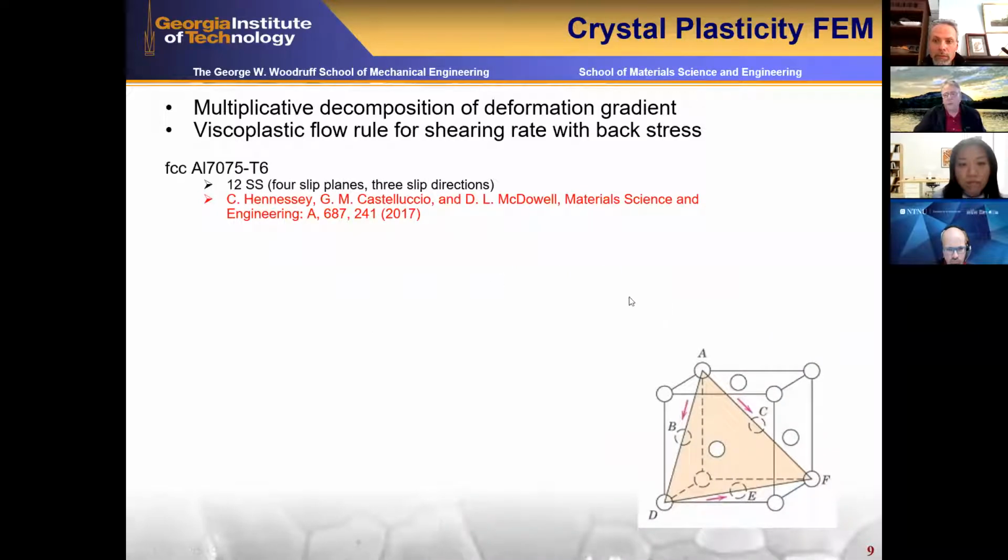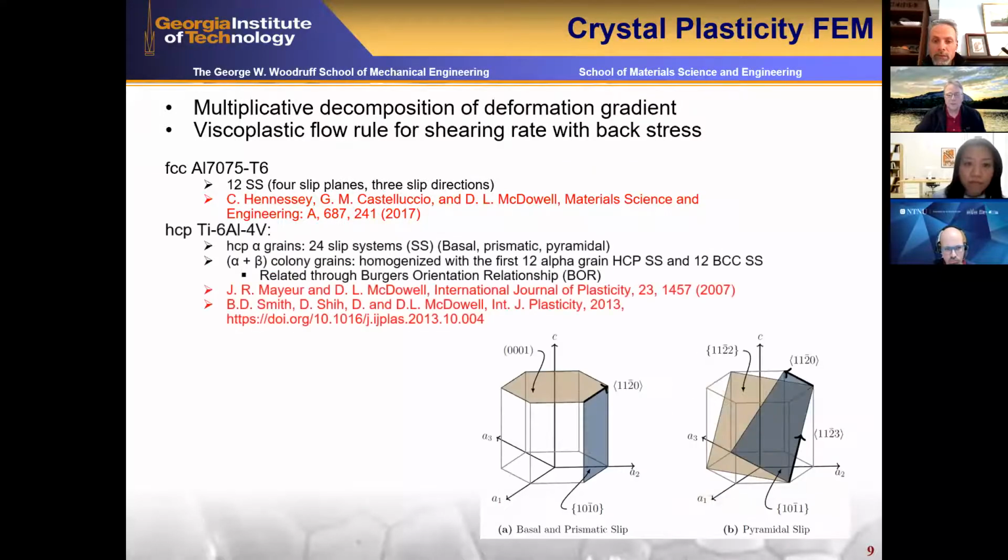For aluminum 7075 T6, it's of course a high symmetry FCC lattice. So we have 12 slip systems, 4 octahedral planes, 3 slip directions each. And for the alpha beta titanium, specifically titanium 6 aluminum, 4 vanadium stabilizer type of alloys, we have 24 slip systems for the alpha grains.